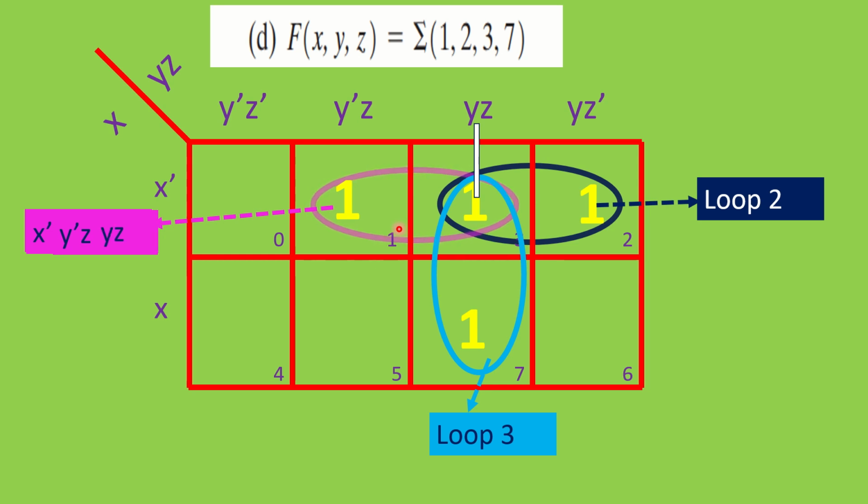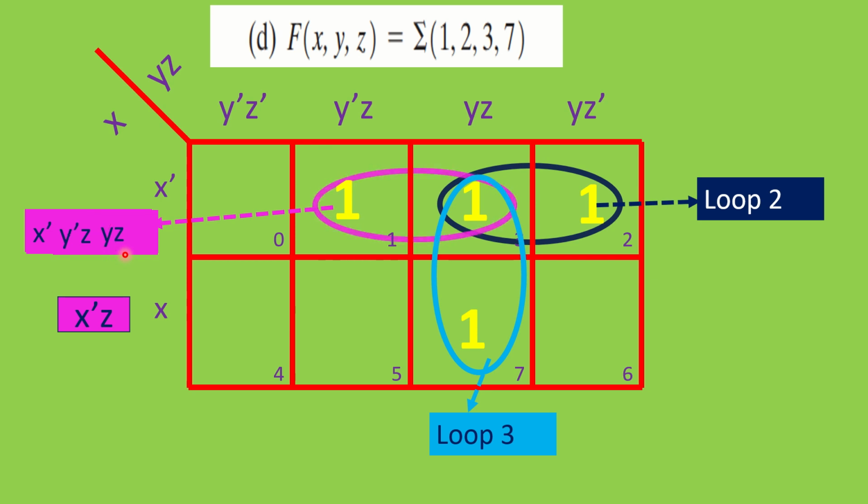So we have the expression x'y'z yz, and in this y' and y are complements of each other, so they can be removed. Similarly, z is repeated, so it is redundant and one term can be removed. So finally we have x'z. This is the simplified expression for loop 1.